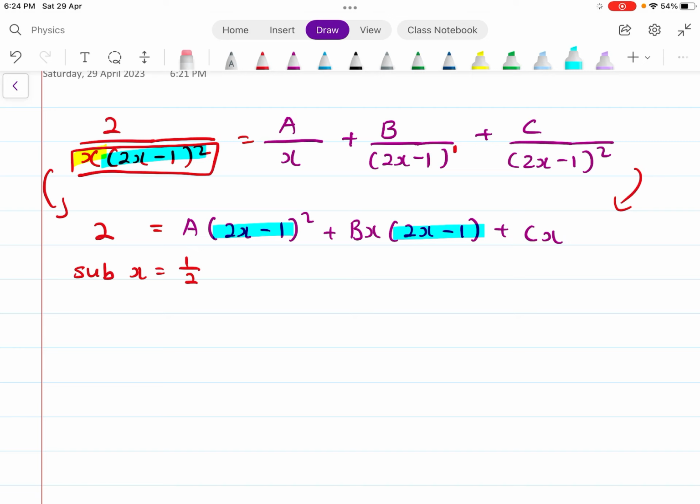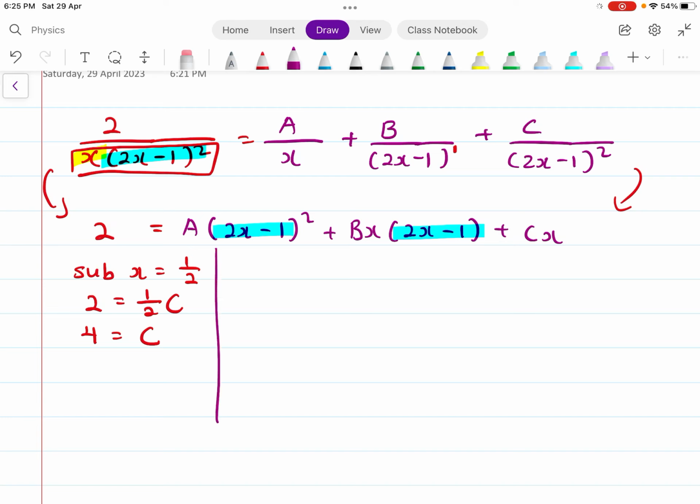So the left hand side will be 2, the right hand side, this part will be 0, the second term also 0, then the Cx will become half C. So when you times 2, left and right hand side, 4 equals C. So we get the value of C already.